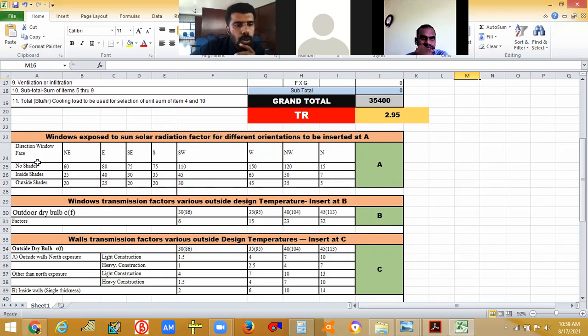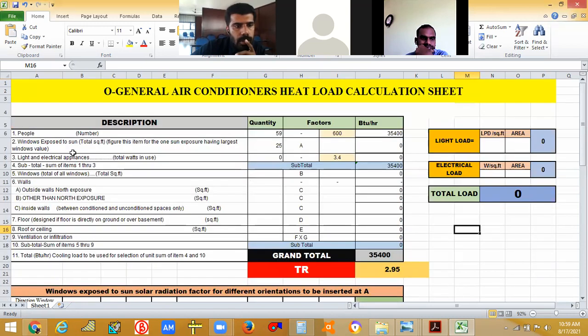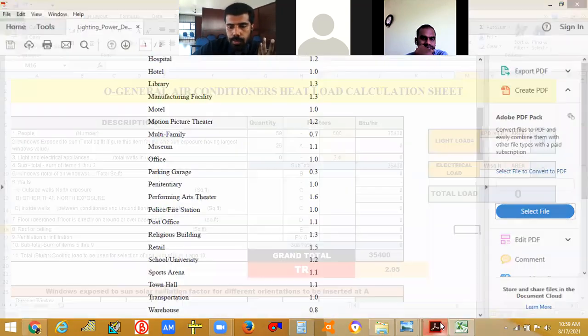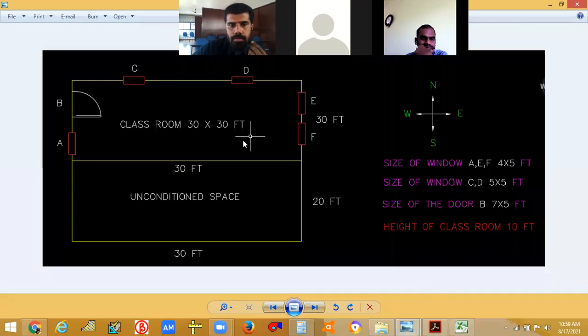Windows exposed to sun, and which is having the largest window value. C and D have the largest window value, that is 25 feet, which is facing towards the north orientation, correct? So I am choosing that this window doesn't have any shade. It is on the north side.